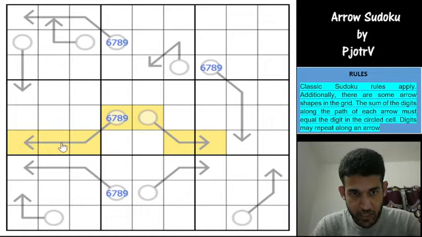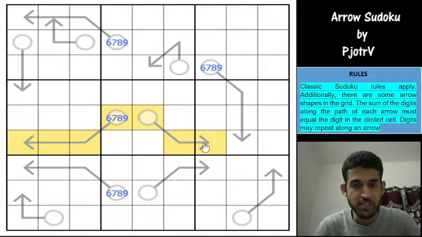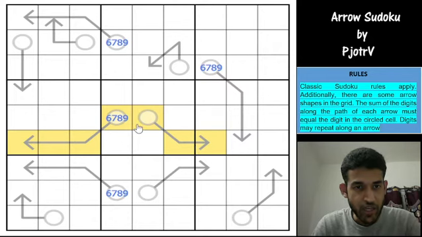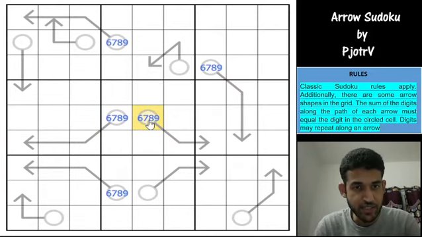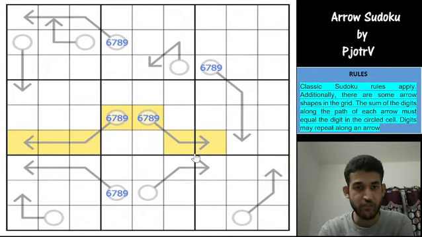And if you sum all the digits in these arrows and substitute them with minimum digits, which is 1, 2, 3, 4, 5, you will get that the minimum sum is going to be 15. So the maximum is 17 and minimum is 15. So which means that this circle as well should contain 6, 7, 8, 9. If you have anything less than 6, you won't reach a total of 15. And we established that the minimum sum from these 5 digits is going to be 15, right? Sum of 1 to 5.